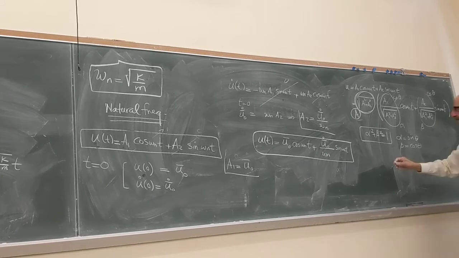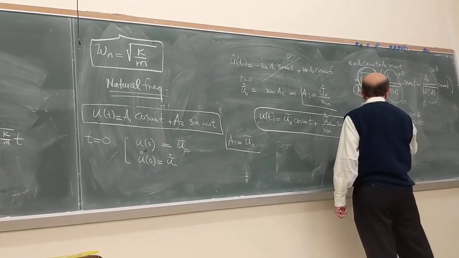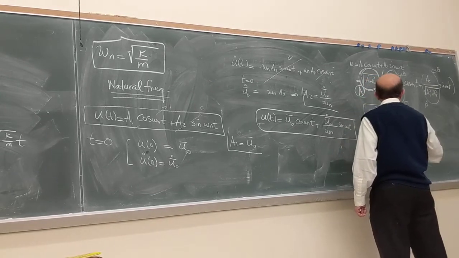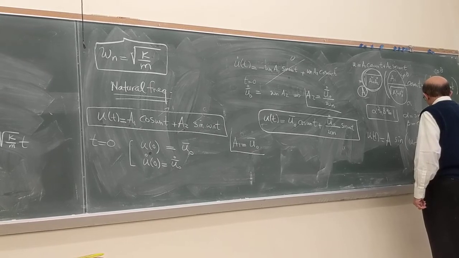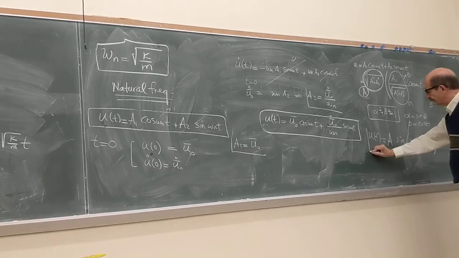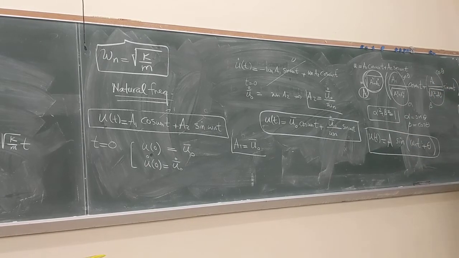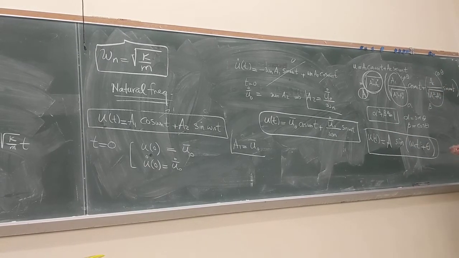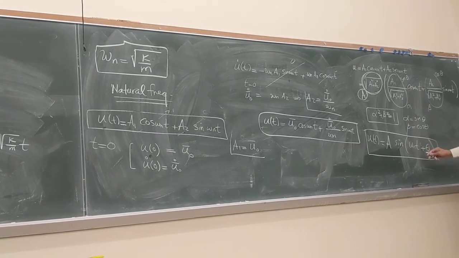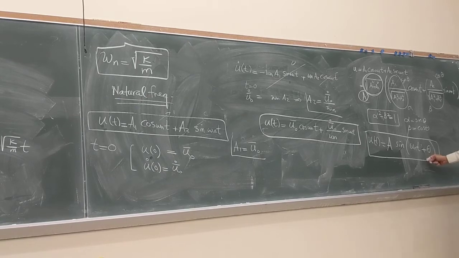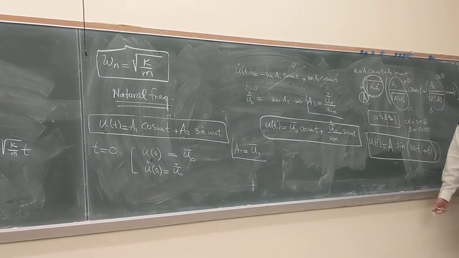You remember that from trigonometry? u of t then becomes A times sine of omega n t plus theta. Sine alpha cosine beta plus cosine alpha sine beta is sine of alpha plus beta, right? So that's what it is. This is the same equation as before, except that it's written in a single sinusoidal form.